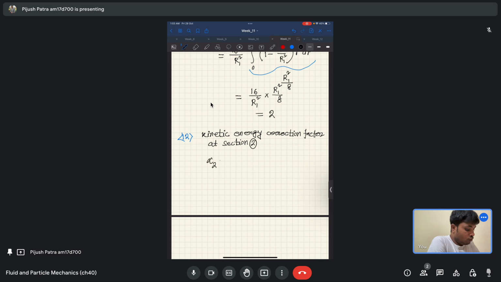Alpha 2 will be equal to 1 by pi r2 square into integration 0 to r2.